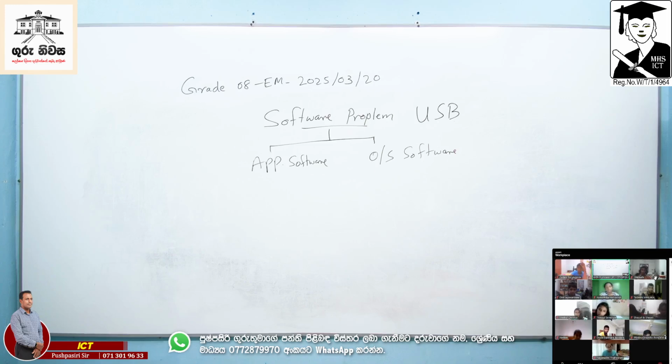Right. There is a question, HDMI. HDMI means High Definition Multimedia Interface.